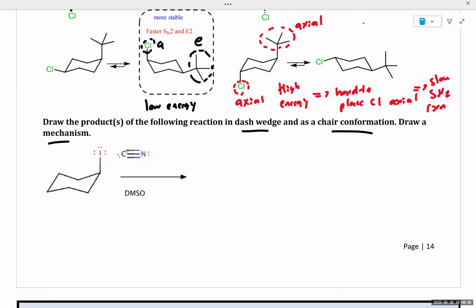So in this case, in the SN2 reaction, we already have our leaving group in the axial position. Your nucleophile will attack. You break the carbon leaving group bond, and that in turn gives inversion of our stereocenter.